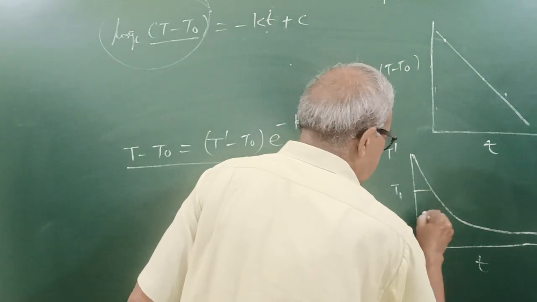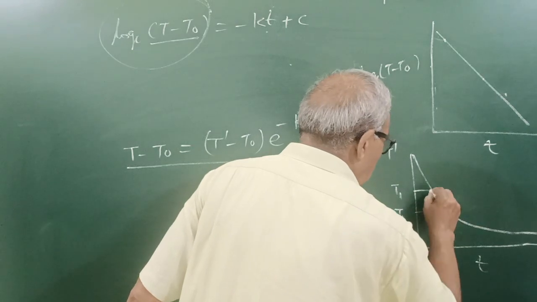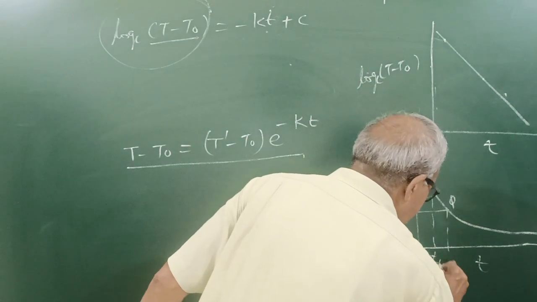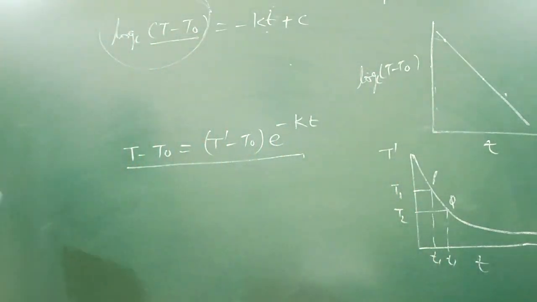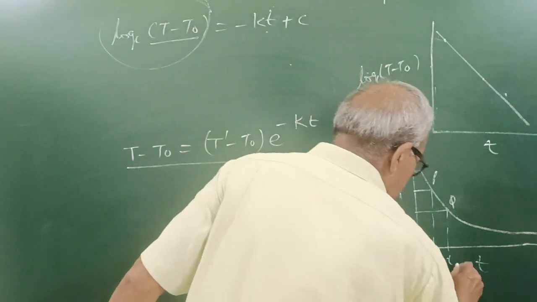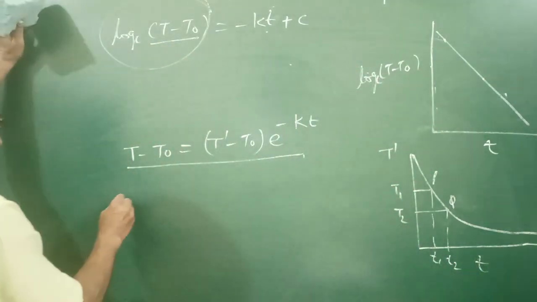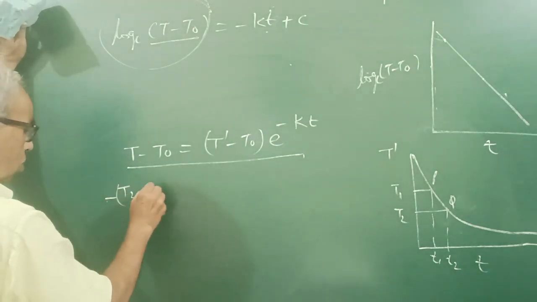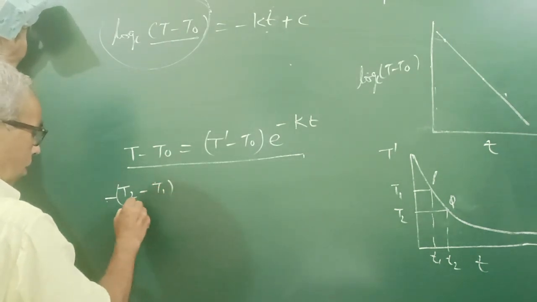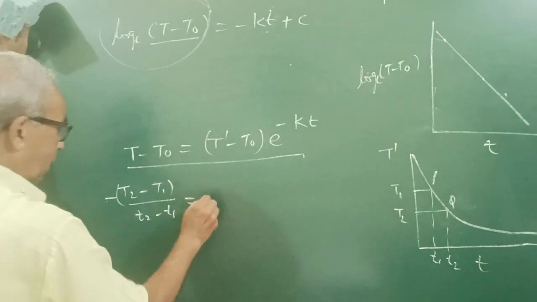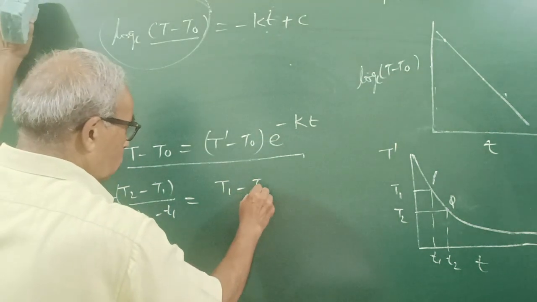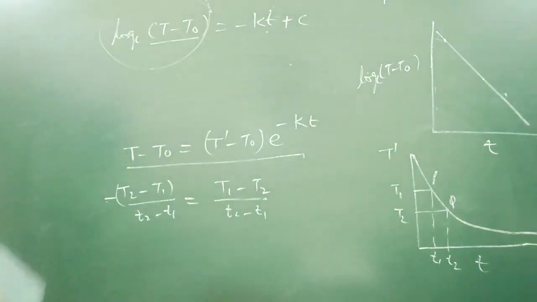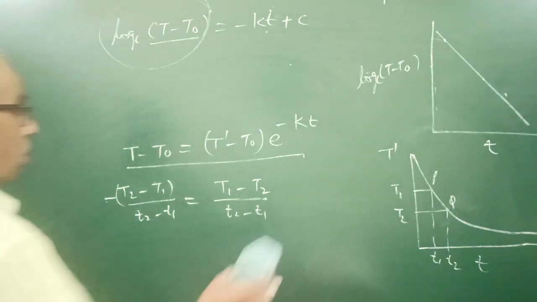Now, if I take here temperature T1 and this is T2, corresponding to points P and Q, and these are the times t1 and t2. Then from this graph, minus (T2 minus T1) upon (t2 minus t1) can be written as (T1 minus T2) upon (t2 minus t1), that is, delta T upon delta t.